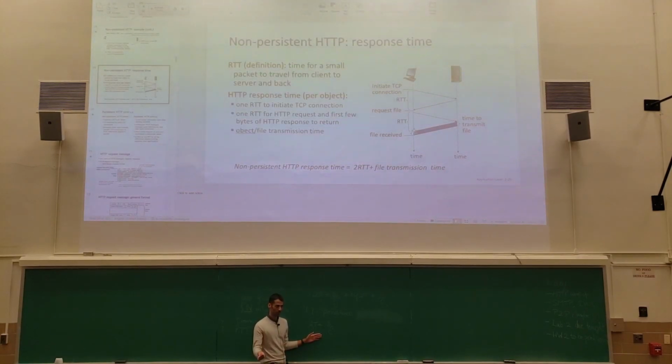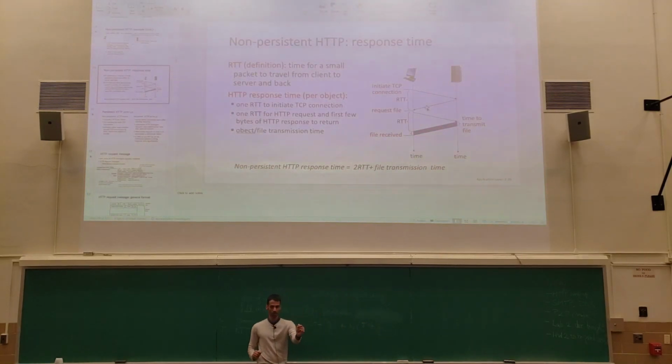You've got to form at least one TCP connection, then one more to get the first byte, and then the transmission delay. However, for each of the n inline objects, you don't have to incur the first T to set up the TCP connection. You just send the GET and get the response. So for each of the n inline objects, you have only one T plus S over C.